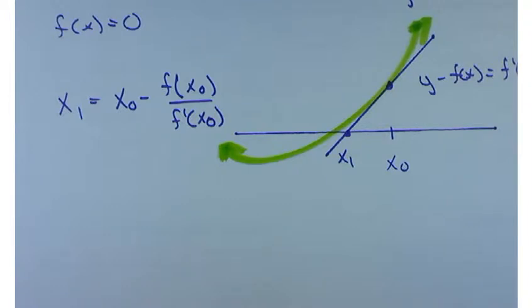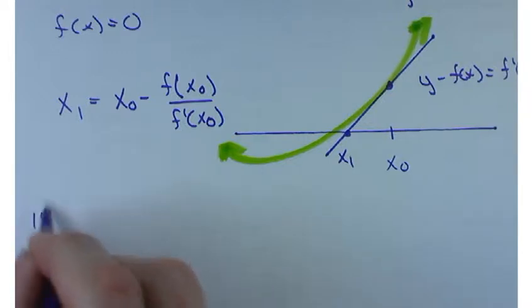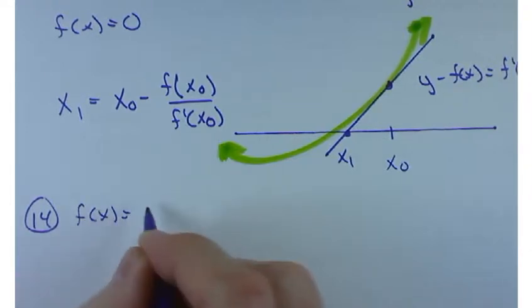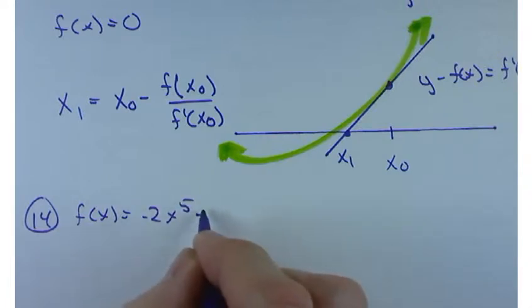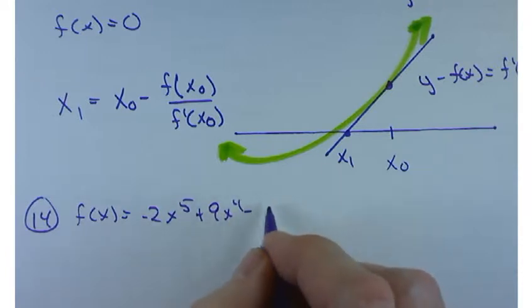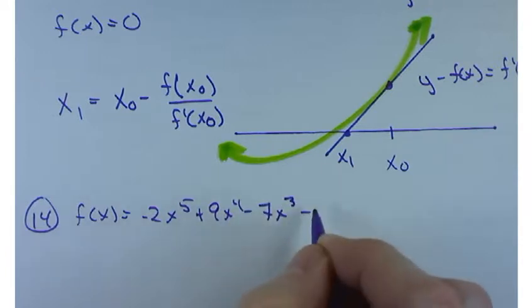Okay, so we'll start with problem number 14 here. Problem 14 looks like this. We've got f of x is negative 2x to the 5th plus 9x to the 4th minus 7x cubed minus 11x.